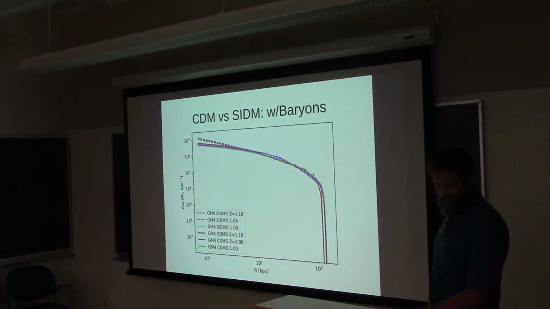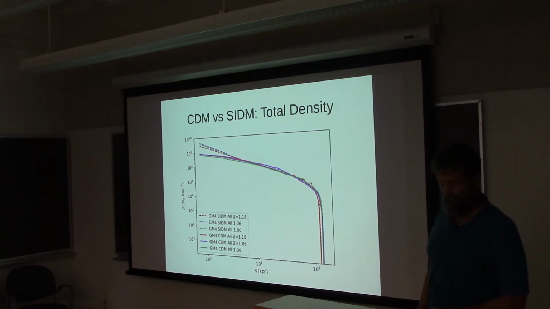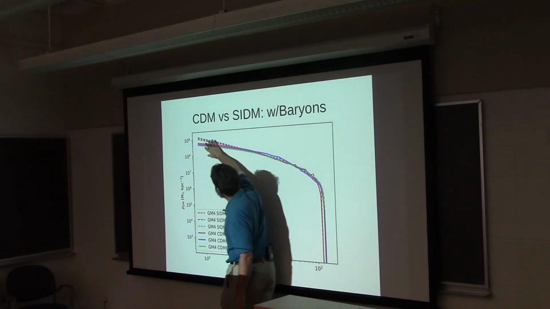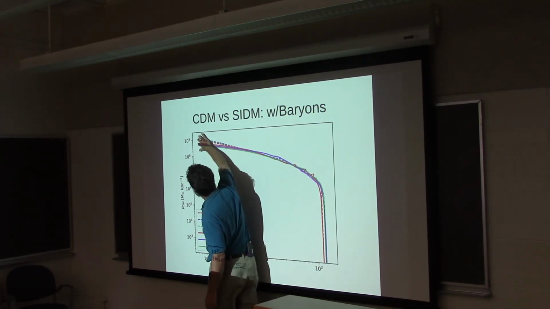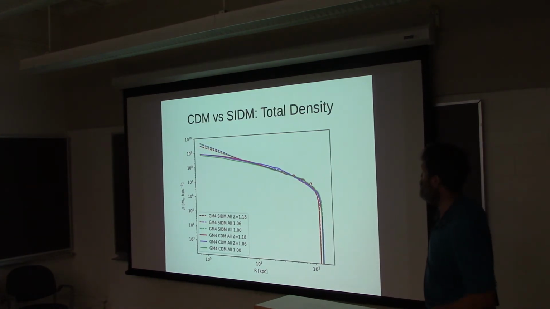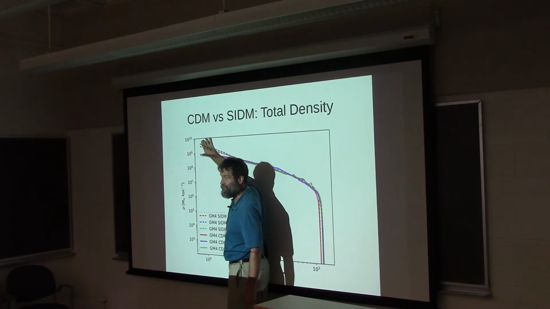Well, it becomes a little clearer when you look at the total density. Let's remind ourselves, we got a factor of a little less than 2 here. But if we look at the total density, there's a factor of 3 or 4 gap here.